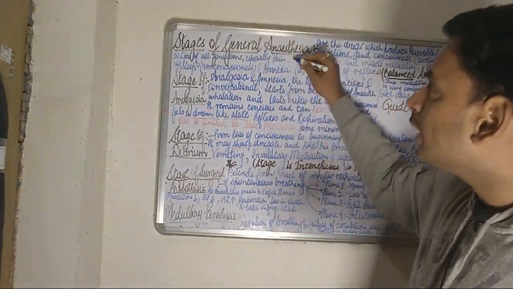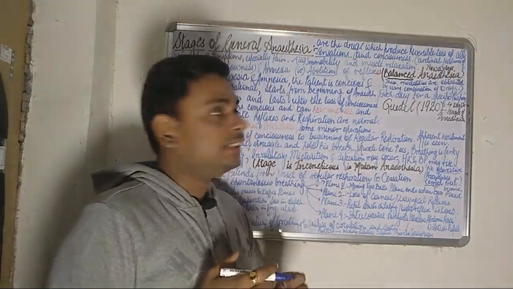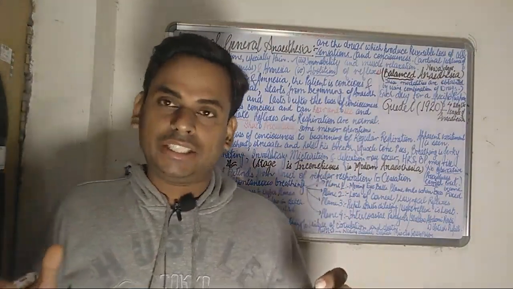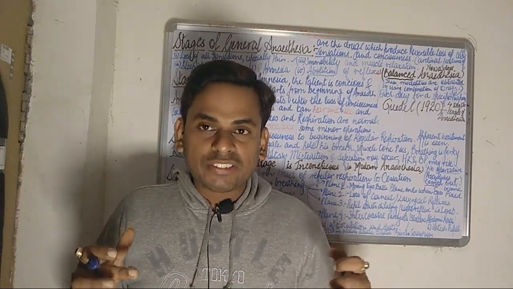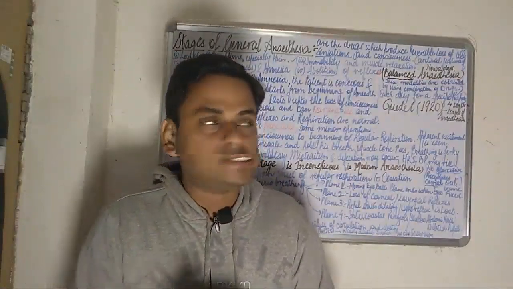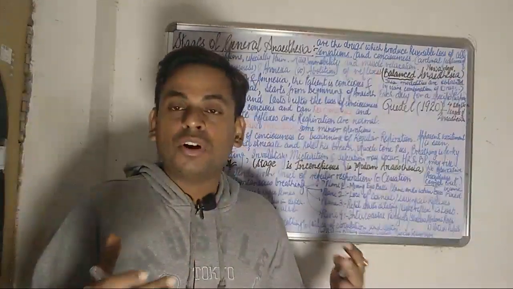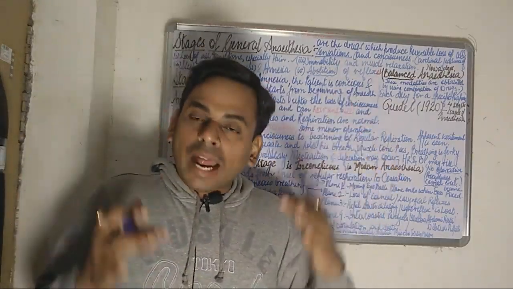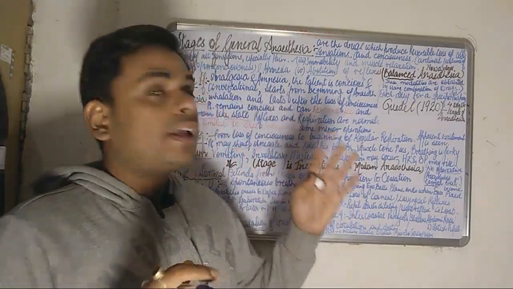Moving on to the third cardinal sign seen in cases of general anesthesia, it is immobility and muscle relaxation. Students, I would like to emphasize that whenever any surgery is indicated, it is mostly performed under general anesthesia, and for a successful procedure, that particular site needs to be immobilized as well.